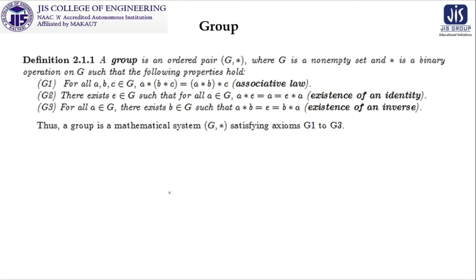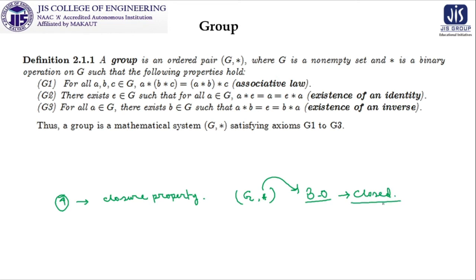Sometimes in some textbooks, you can get 4 properties instead of 3, where they mention the first one as closure property. Actually, it is redundant, because when I am writing (G, star), I am mentioning that star is a binary operation. Binary operation means it is closed by definition, because if I am taking a and b from S, then a composition b must be in S. It means it is already closed.